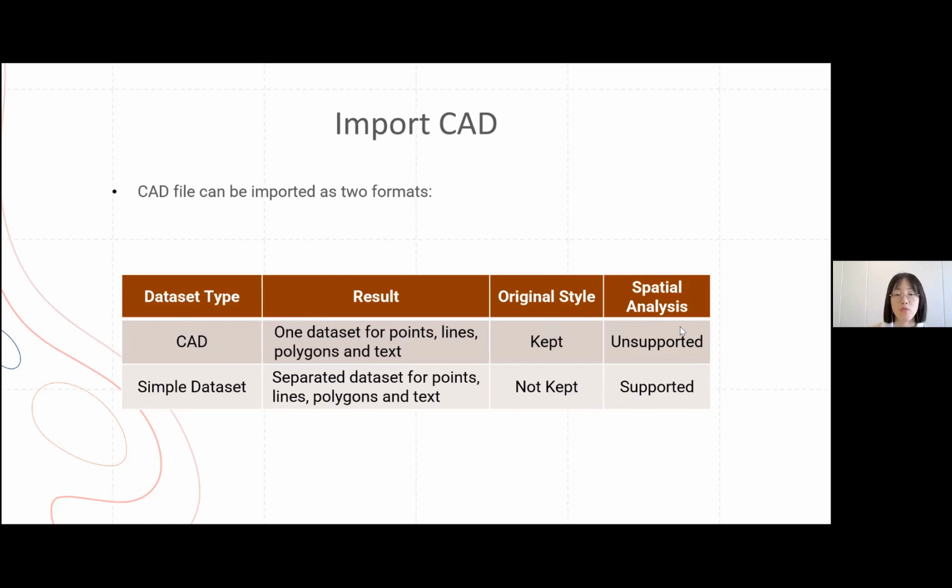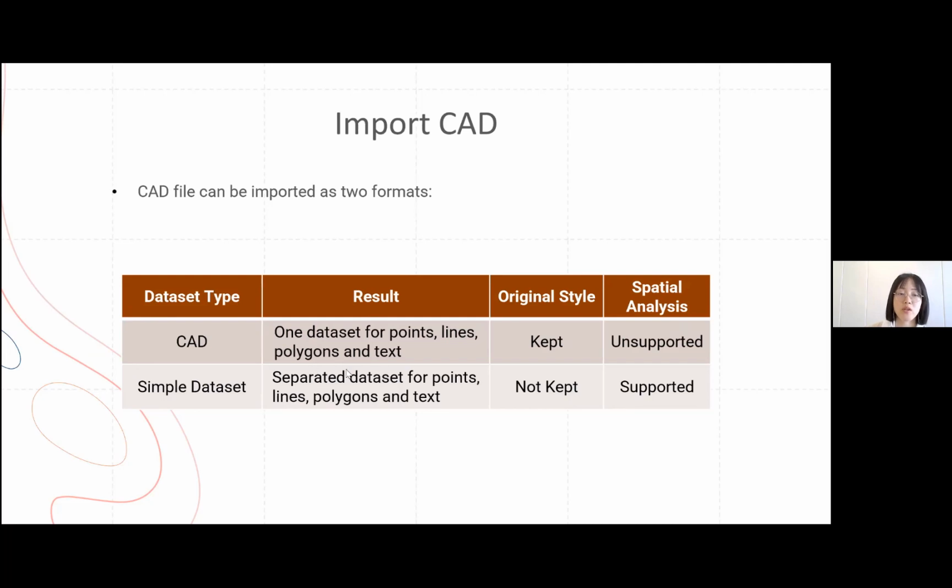And if you're only interested in the points in the CAD file, or the polygons in the CAD file, and you don't want the information about the other features, then you can choose to import the CAD file as simple datasets.